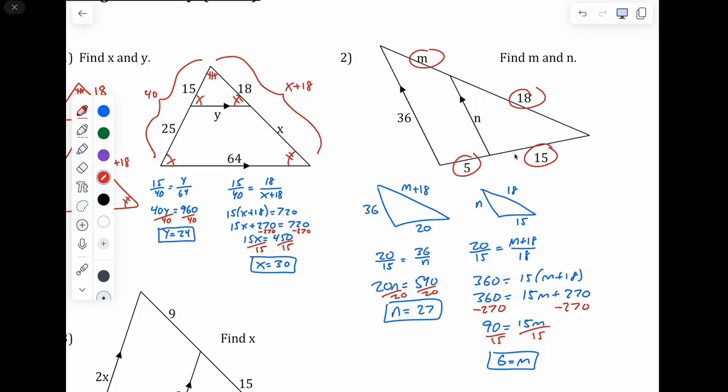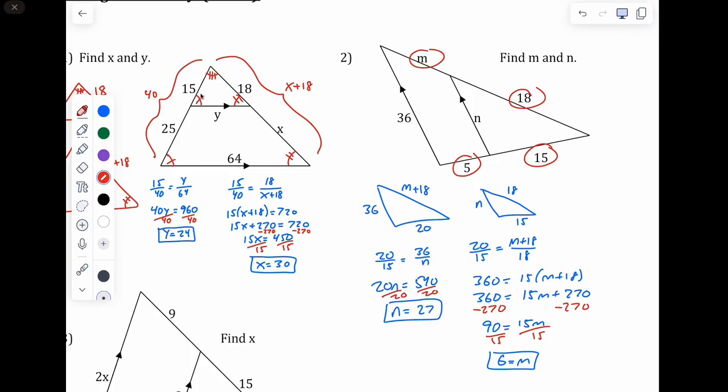Yeah. So if you were talking about these 4, you can do a different proportion. You could say 15 goes with 5 as 18 goes with M, which is kind of what you're doing, okay? And it would be the same thing over here. I could say 15 goes with 25 as 18 goes with X, and it would work.